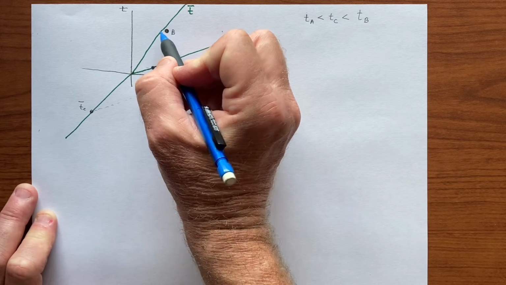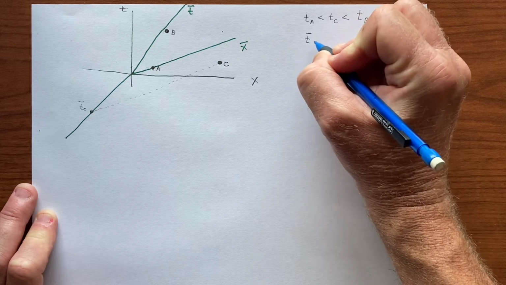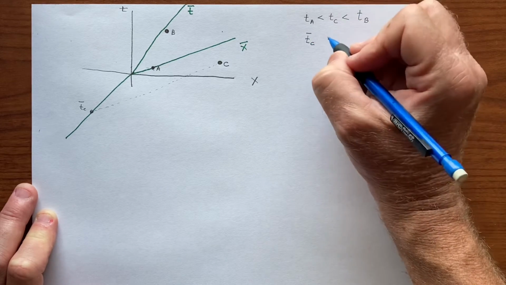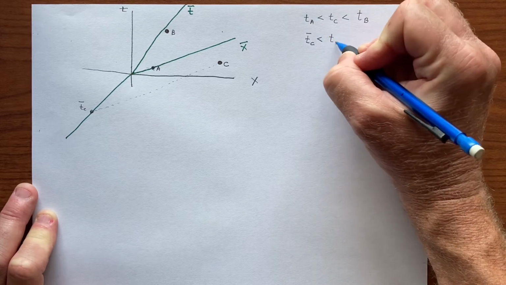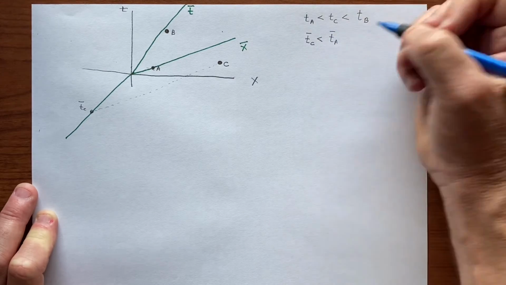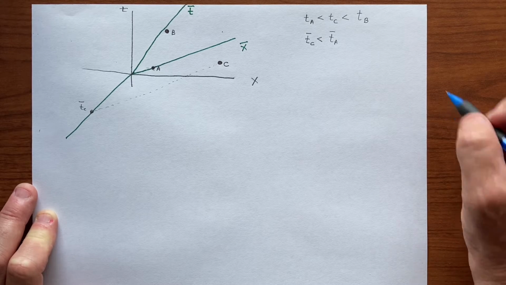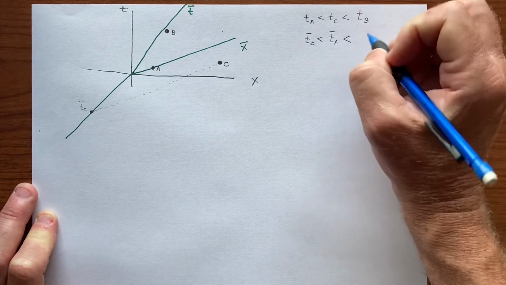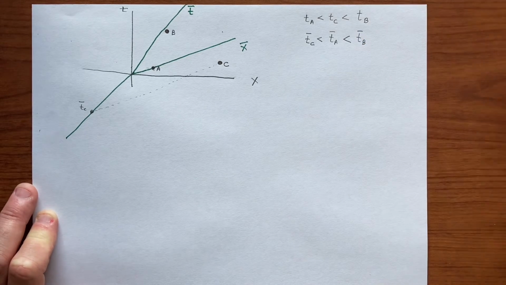And so what we see is that TC bar occurs earlier, before TA bar. So event A occurs after event C from the X bar T bar perspective, and event B is always the latest event to occur from both perspectives.